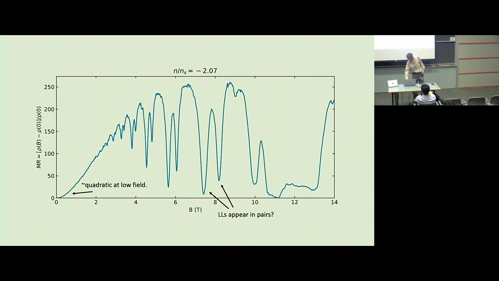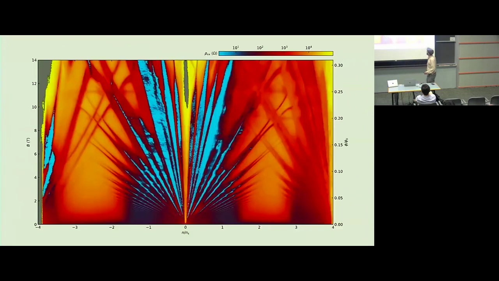If we put all of this together and look at a color map of a Landau fan, here's how it looks. This is density on the horizontal axis, magnetic field on the vertical axis, and we can label Landau levels, and these are the magnetoresistance regions on the two sides.